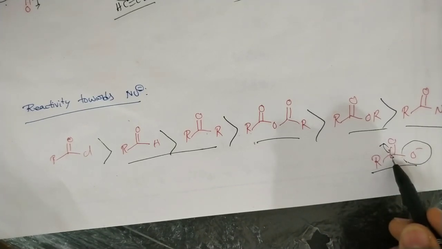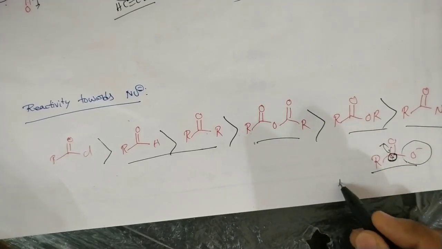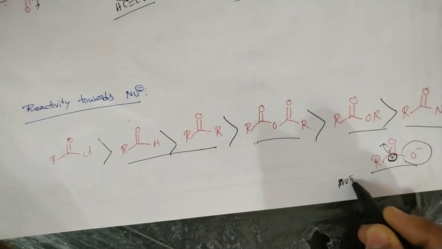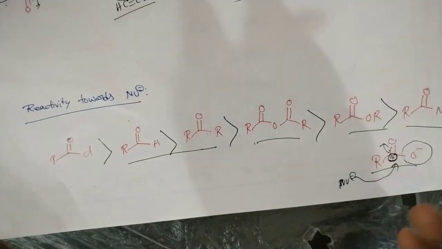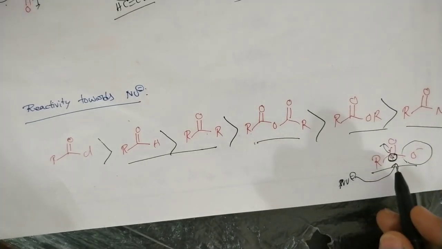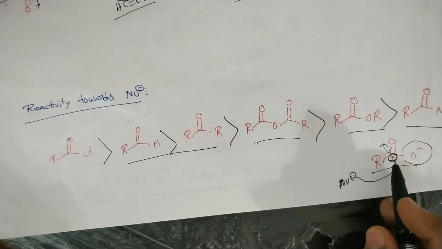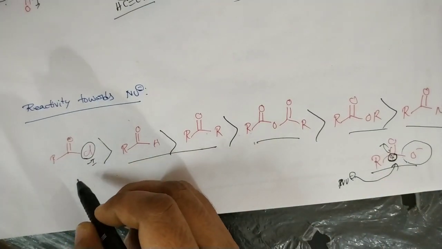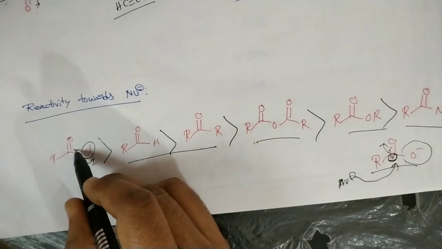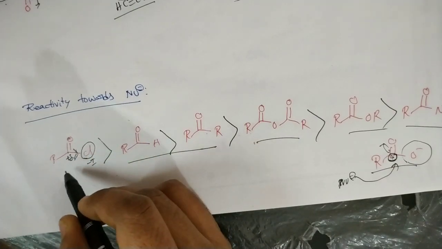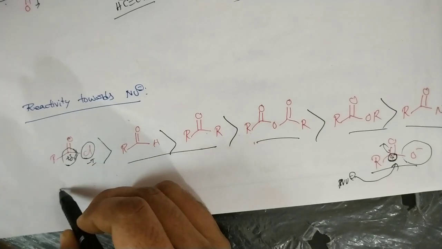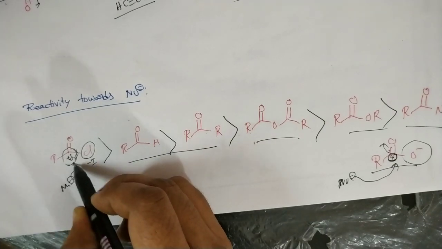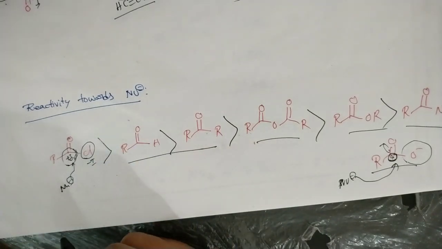Whenever there is a very small positive charge at this carbon, it is less attacked by the nucleophile. There is no tendency for a nucleophile to attack this carbon because of the small positive charge. But in the acid halide, Cl is a minus I group, and that minus I group increases the magnitude of the positive charge. The higher the positive charge, the more readily the nucleophile attacks this electrophilic site.